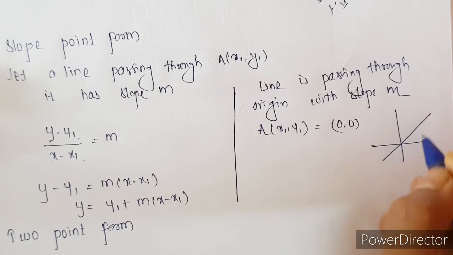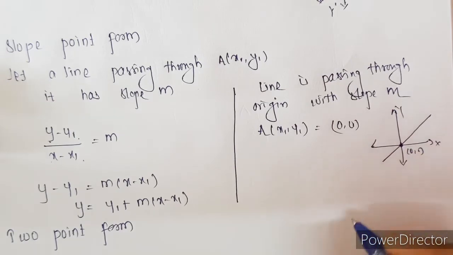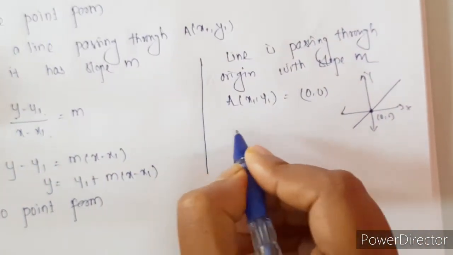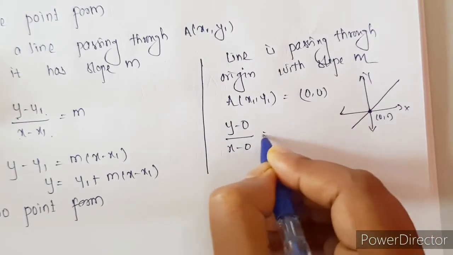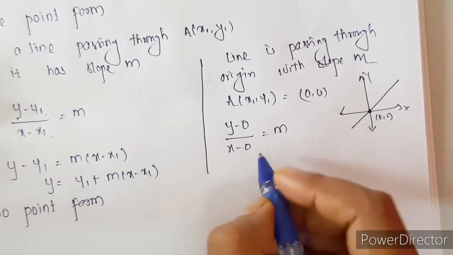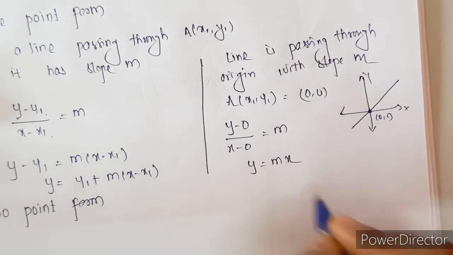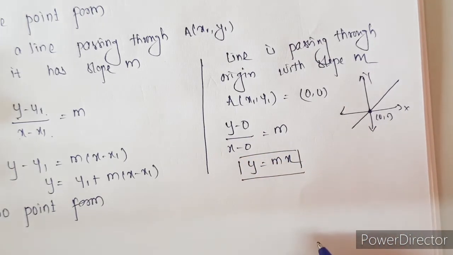So this point is 0, 0, with the x-axis and y-axis. So the equation can be written as y minus 0 upon x minus 0 equals m, or we can write it as y equals m times x. This is the equation of a line which is passing through the origin with slope m.